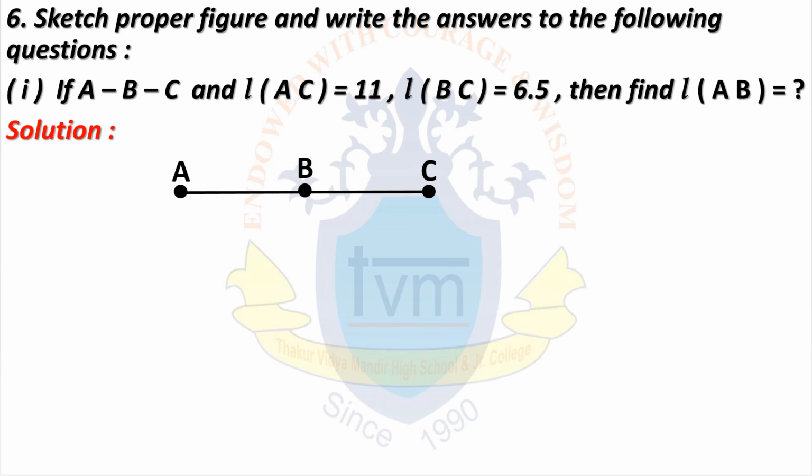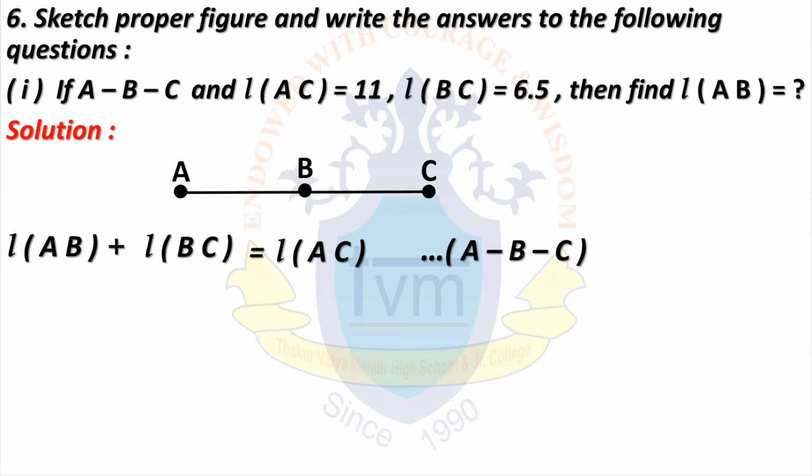So here the length of segment AB plus the length of segment BC equals the length of segment AC. So length AB plus length BC equals length AC, since B is between A and C. Now we will substitute the values of the given segments.